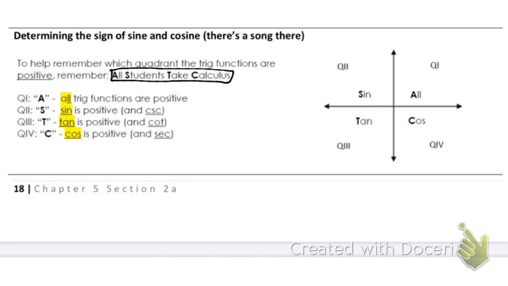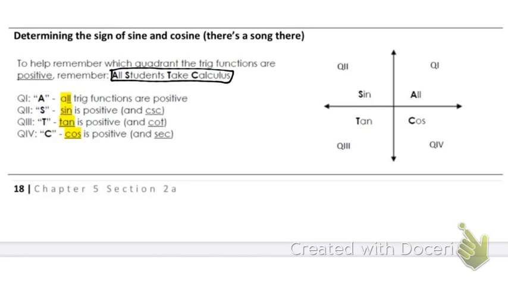Students, sine is positive, everything else is negative. Take, tangent's positive, everything else is negative. And finally, calculus, cosine is positive, everything else is negative. We're going to particularly need that tomorrow. So remember, all students take calculus. That way you know if it's positive or negative depending on the quadrant.